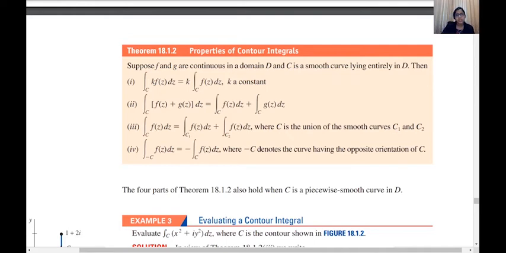And also the integral over −C of f(z) dz is equal to minus the integral over C of f(z) dz. That is, −C has the opposite orientation to that of C.